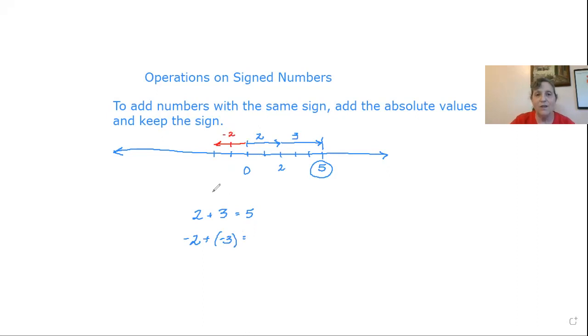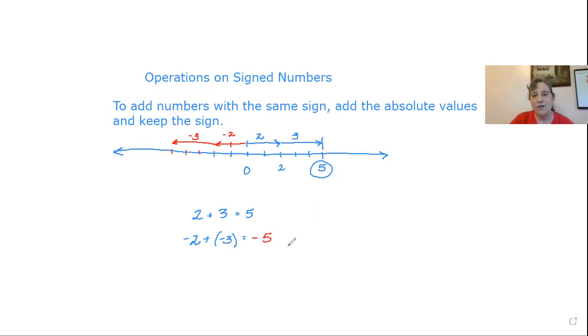The -3 will move us 3 more units to the left, 1, 2, 3. So because both of these are pulling us in the same direction, we've now gone 2 units left and 3 more units left, which is a total of 5 units to the left.